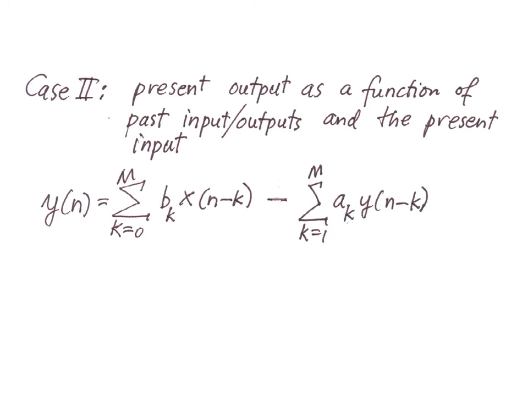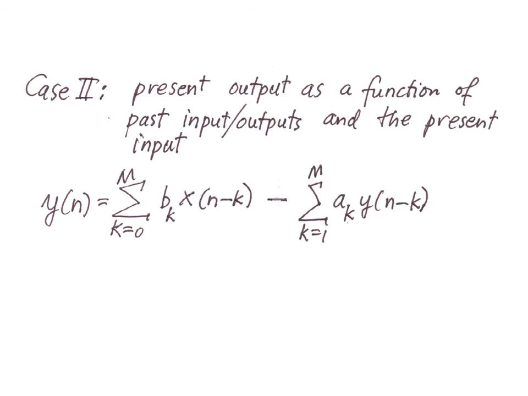Now let's go to case 2, where the present output, y of n, is a function of past inputs and outputs and the present input. Take a look at those summations.